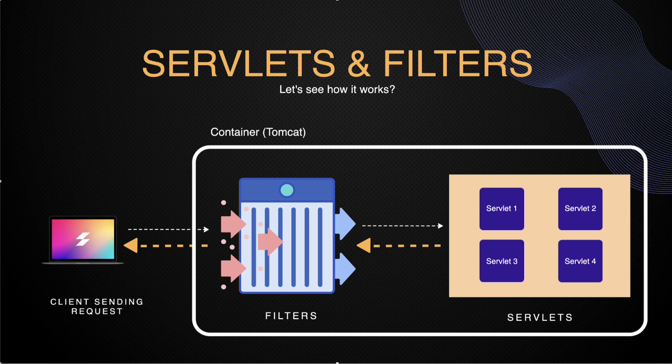If more than one filter is found in the web.xml pattern, it will execute all the matching filters, so it's not an issue. When all the matching filter codes are executed successfully and no error is found, your request goes to the servlet, the request is processed, and the response is returned back to the client. So this is how it works.